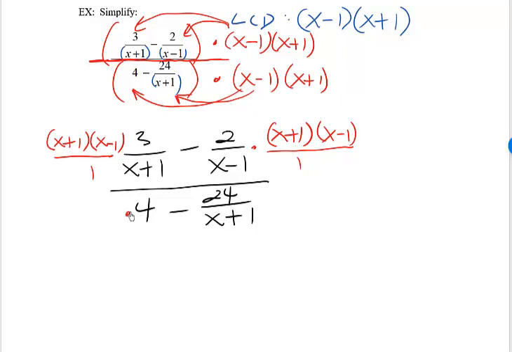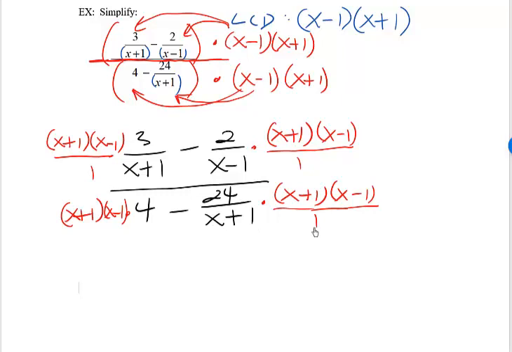This guy, I guess I don't need to put it over 1 because I don't have a fraction, so I'll just write it here next to the 4. Here's another little fraction though. Every part of the big numerator and every part of the big denominator needs to be multiplied by that LCD. So that's 4 multiplications in all.